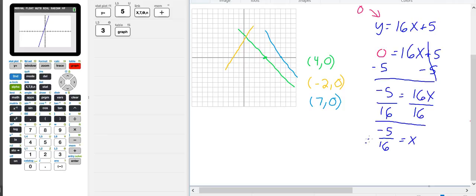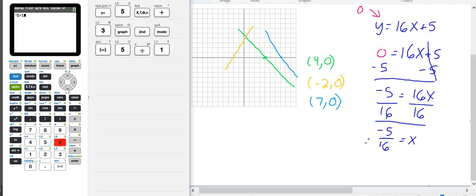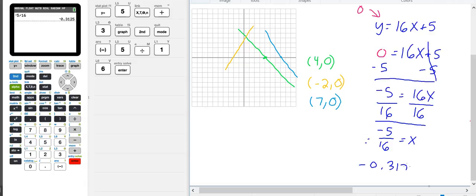If we want, we can have the calculator tell us what -5 over 16 is. -5 divided by 16 is -0.3125. So this line would cross the x-axis somewhere over here. The line would look something like that.